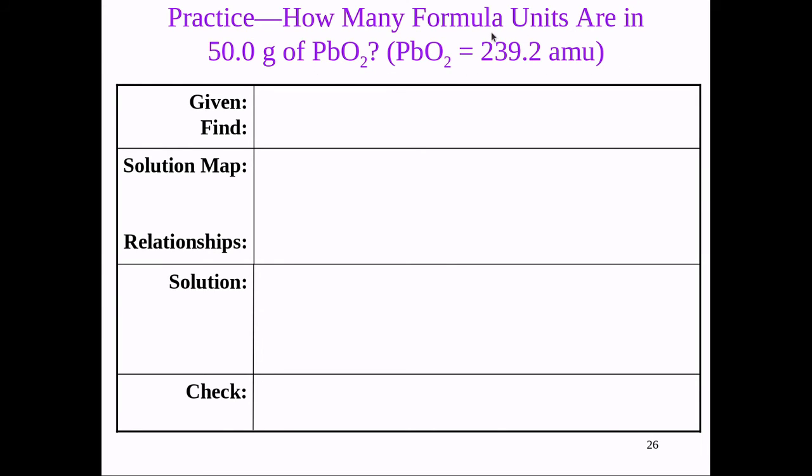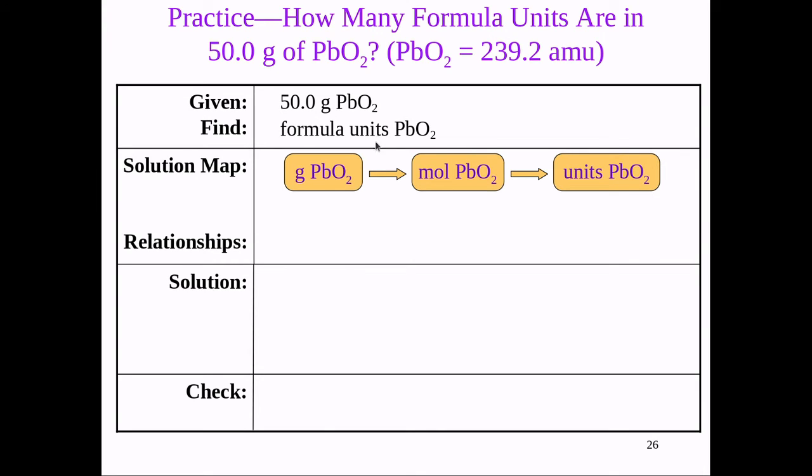We already know that lead oxide is 239.2 AMU from the previous problem. So we're given that there's 50 grams of lead oxide, and we're asked to find the formula units of lead oxide. Again, our solution map has moles as an intermediary.